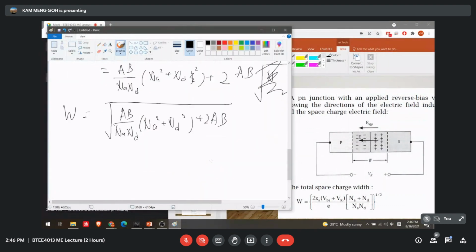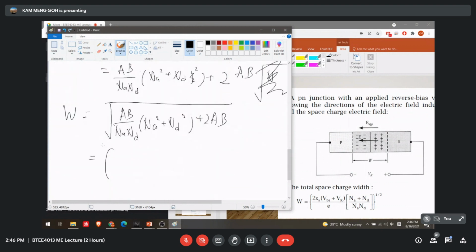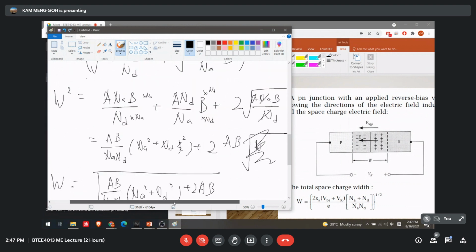And then AB and AB, square root. Okay, what is AB first? A is this. We multiply this thing out. You will get NA square plus ND square divided by NA and ND. Then you have another 2. I think somewhere here something is wrong. This 2 shouldn't be there if I'm not mistaken.